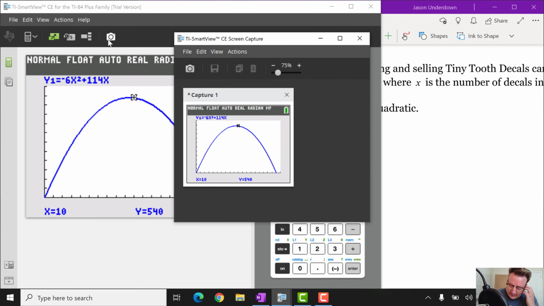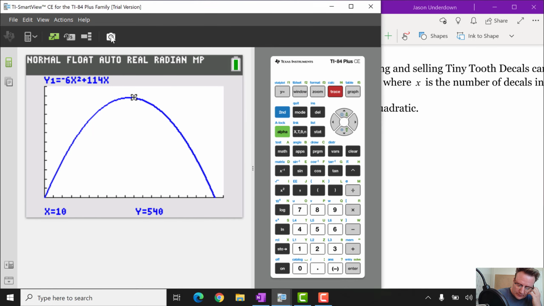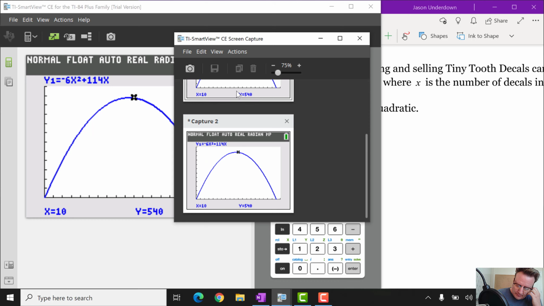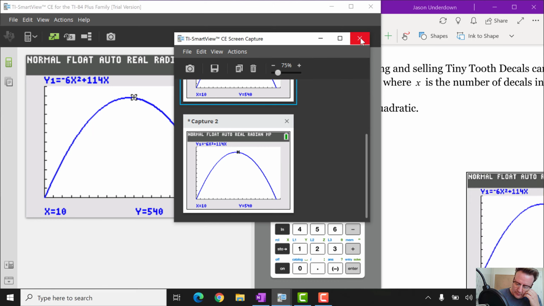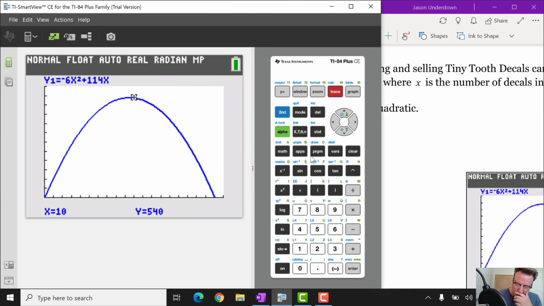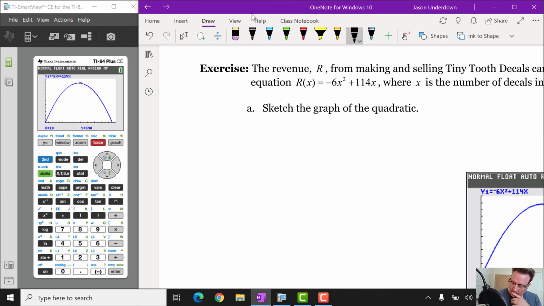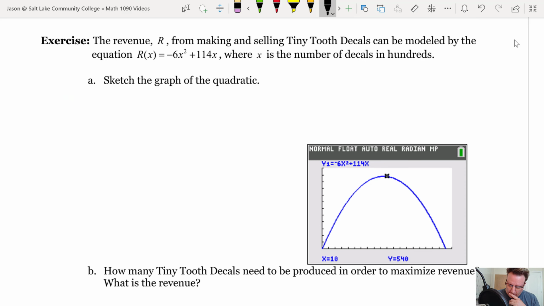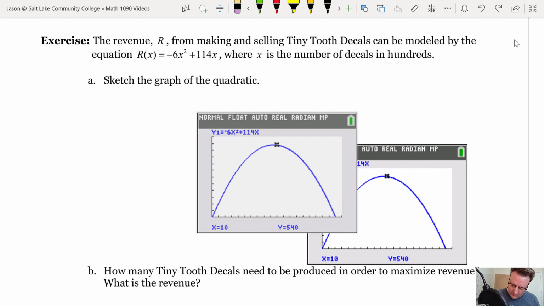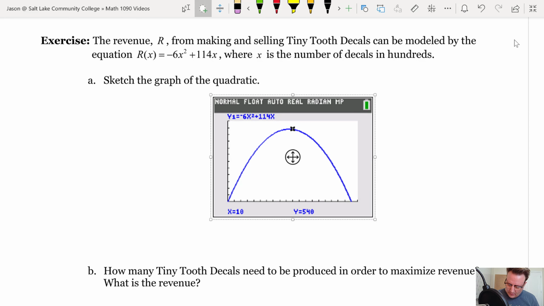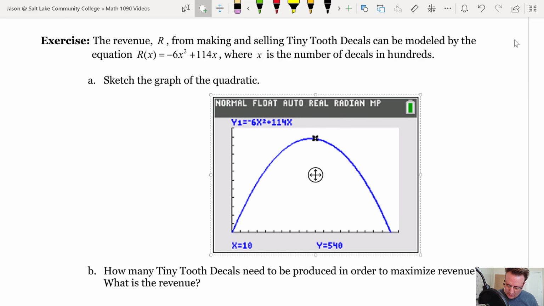And I want to take this picture and just drag it right into here. And there we go. Let's move this and maybe make it bigger.